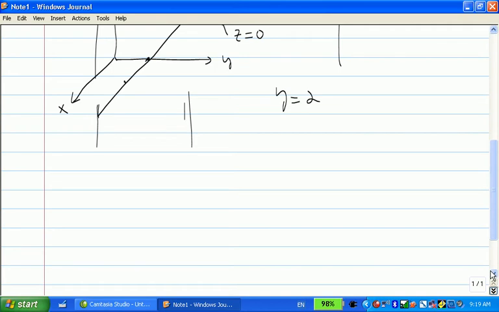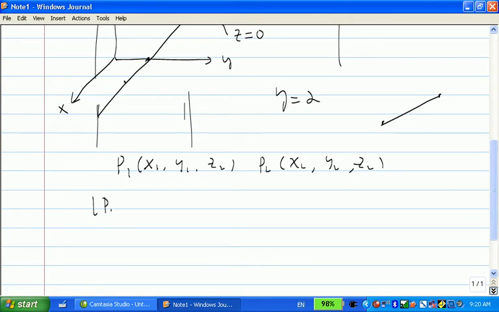Now, if I give you two points in the space, x1, y1, z1 and x2, y2, z2, how do you find the distance between them? I call this point P1 and this point P2.